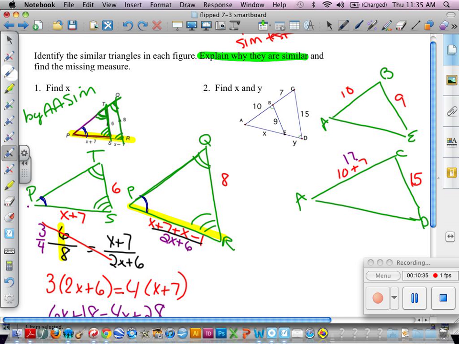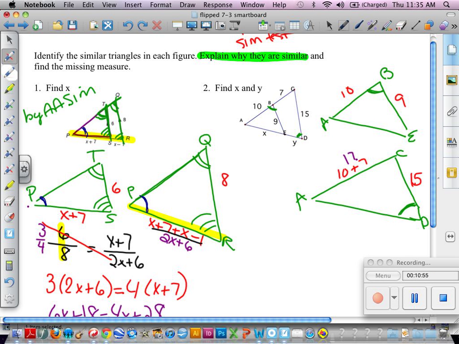In example number 2, we have to find the x and the y. So I've already pulled my triangles out. What I didn't do here is mark that angle B and angle D are equal, so I need to mark those.